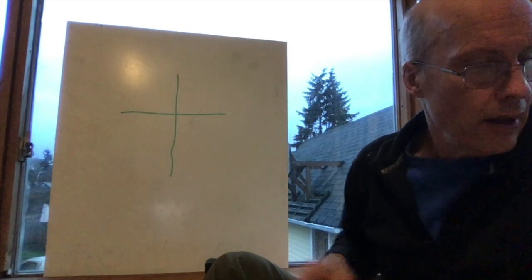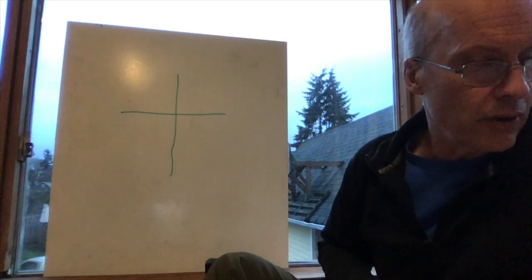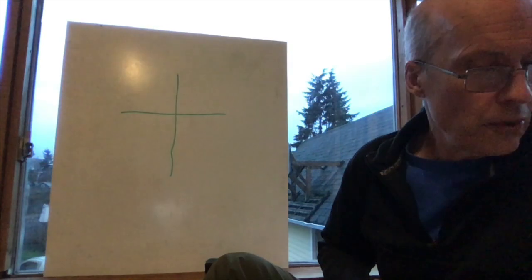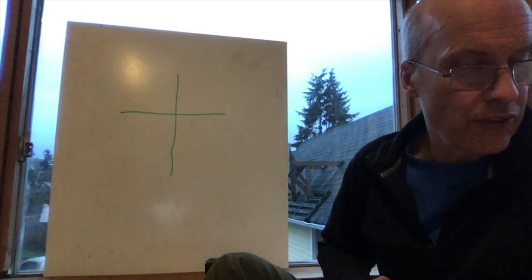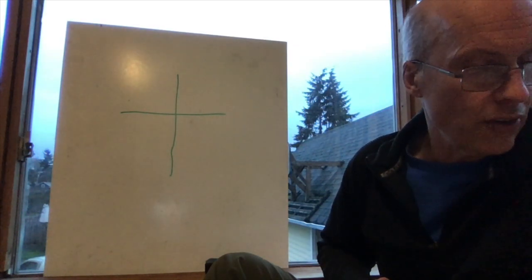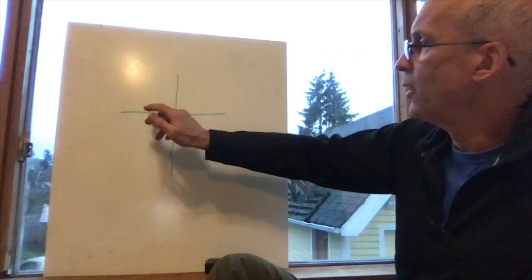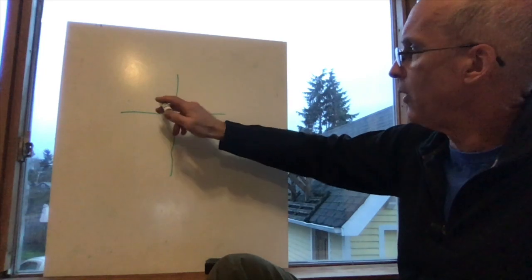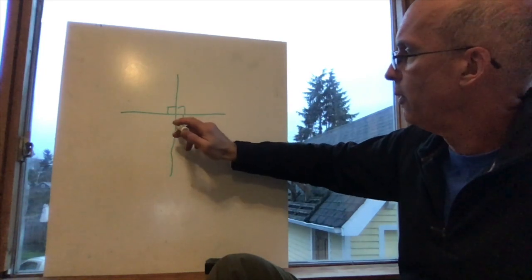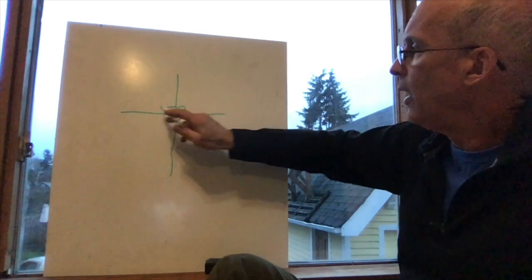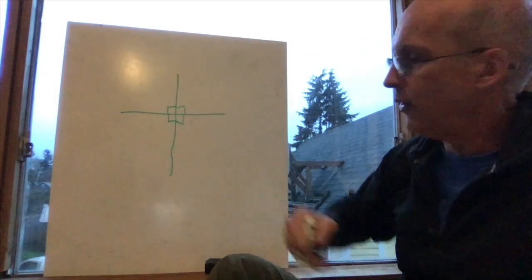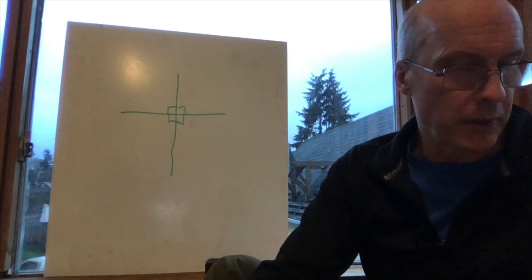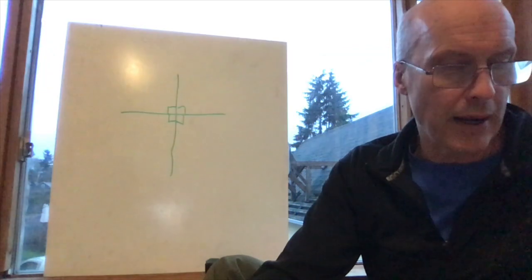Theorem 2.11, perpendicular lines form congruent adjacent angles. 2.12, if two angles are congruent and supplementary, then each angle is a right angle. Congruent and supplementary, or you could look this way, or look this way. These are all going to be 90 degrees. And lastly, if two congruent angles form a linear pair, then they're right angles.